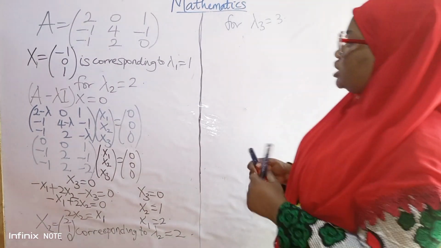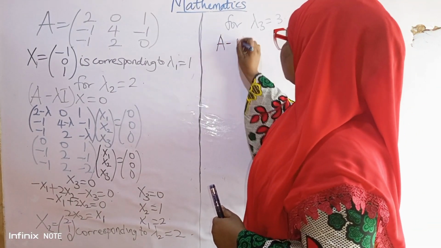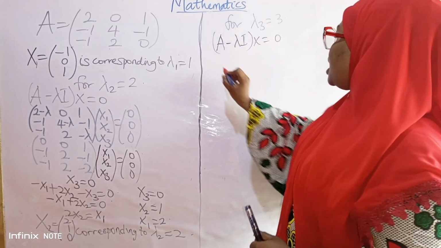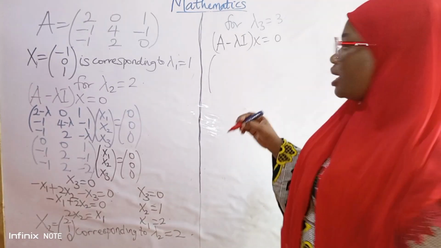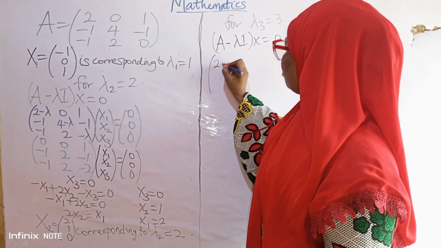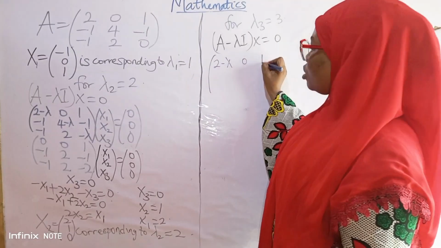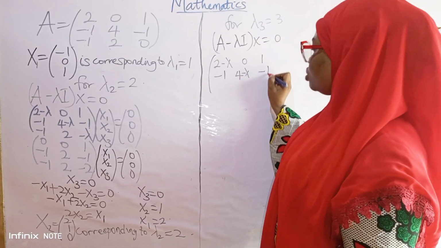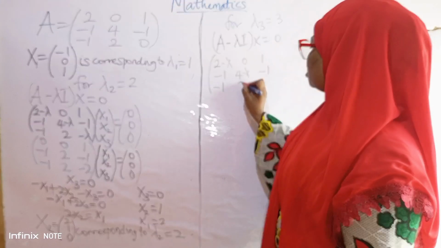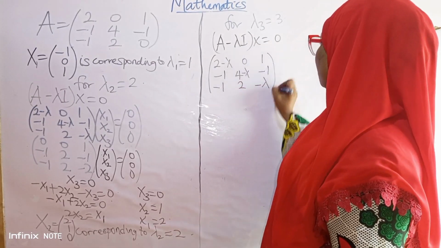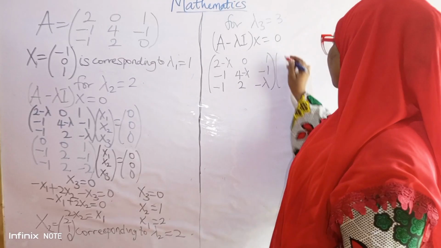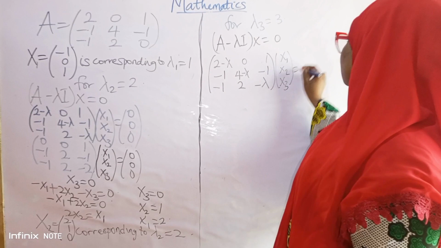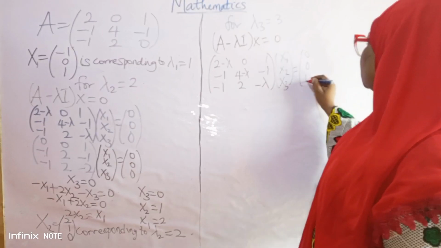So we are still using A minus lambda I multiplied by x is equal to 0. And now A minus lambda I is [2 minus lambda, 0, 1; minus 1, 4 minus lambda, minus 1; minus 1, 2, then minus lambda], multiplied by [x1, x2, x3] is equal to [0, 0, 0].